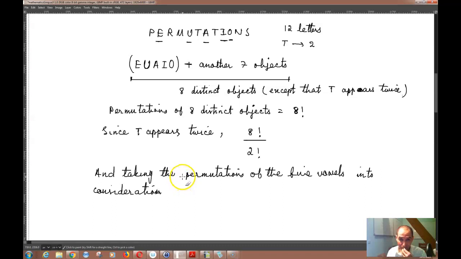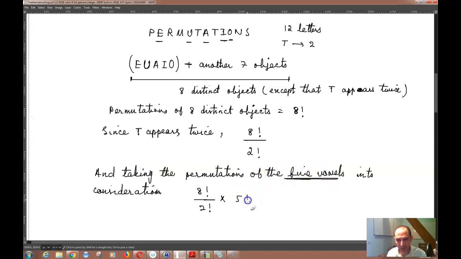so what I will do is that now I'm not treating these as one object. I'm treating them as 5 letters. So I'm taking the permutations of those 5 letters also into consideration, meaning that I write 8 factorial by 2 factorial, and I multiply it by the permutations of the 5 vowels.